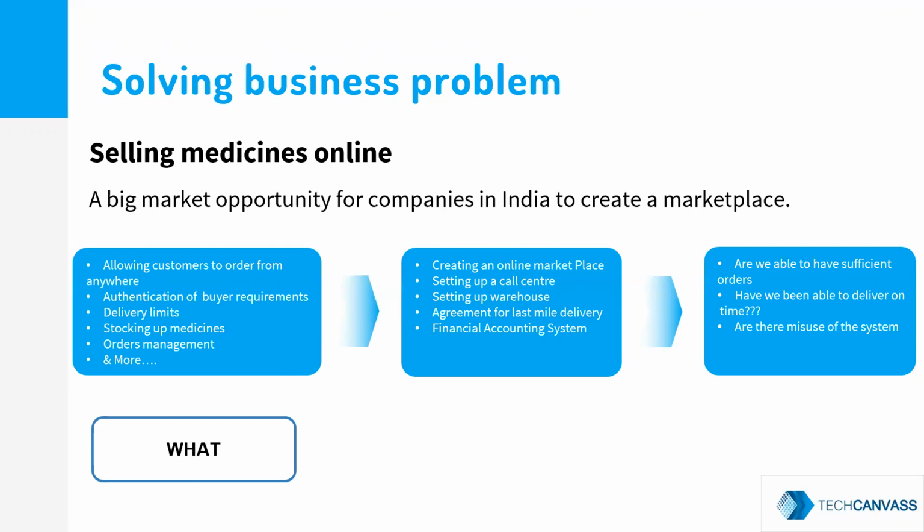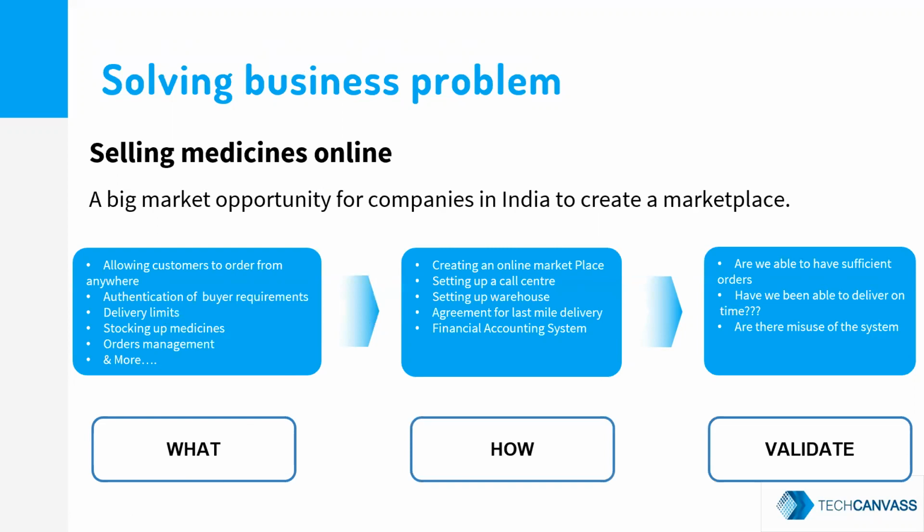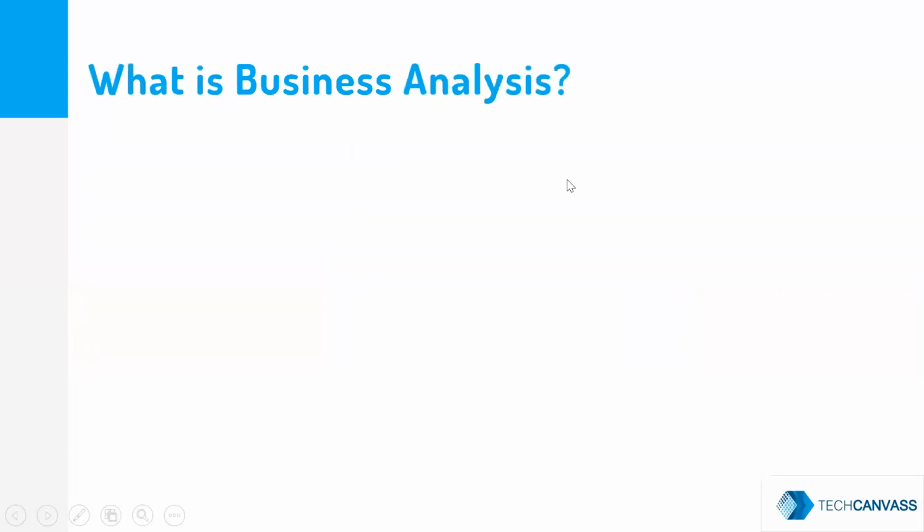What of the problem, defining what is to be done, creating the solution, how this problem can be resolved, and then validating whether the solution has been able to solve the problem or not. So any business problem will have these three stages in order to solve them.